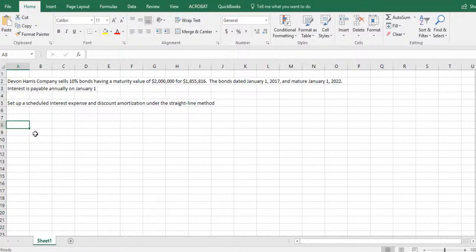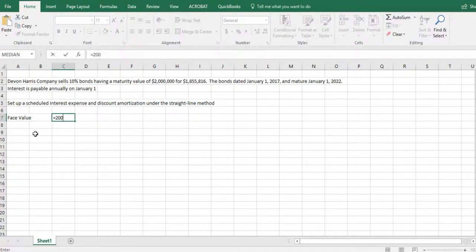So the first thing you do when you're looking at this is determine how much your amortization is. What is the discount? So what I would do is put face value, and that is $2 million.